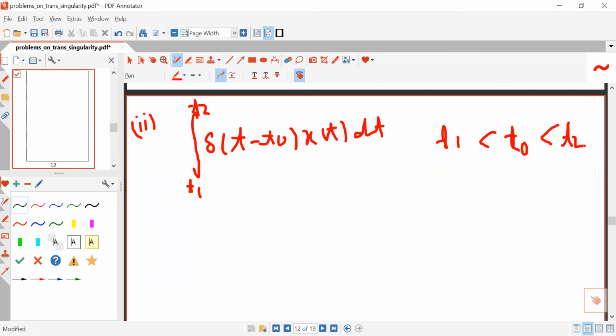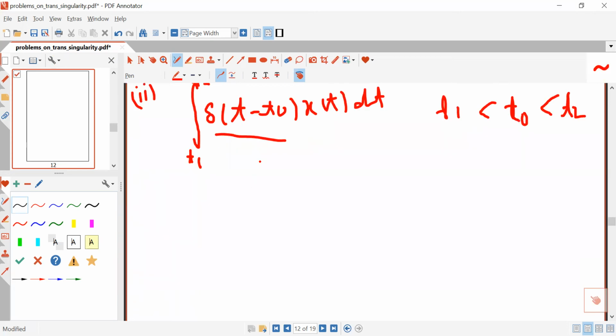If t naught lies in between t1 and t2, then the plot of this shifted impulse function will be like this. Here a minus sign has been used, so the impulse signal is shifted in the right direction by an amount t naught.